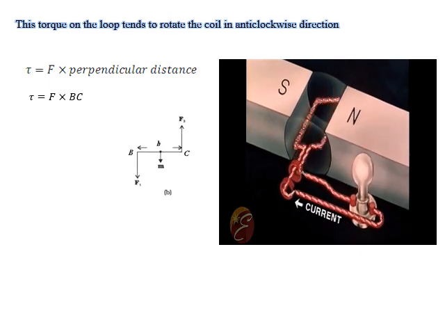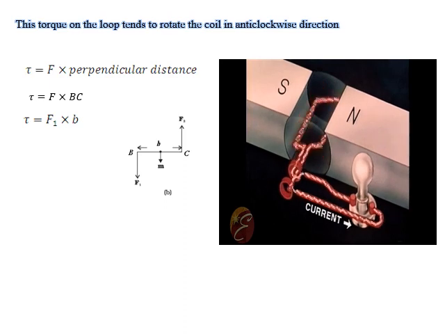Now, if I assume that I am looking at the complete setup from the front face, then I will be able to see only the side BC, and I will have forces F1 and F2 making the coil rotate, and the distance between those two forces is given as b, or that is the breadth of the coil. So if I substitute this, I will have tau is equal to the force that we calculated.